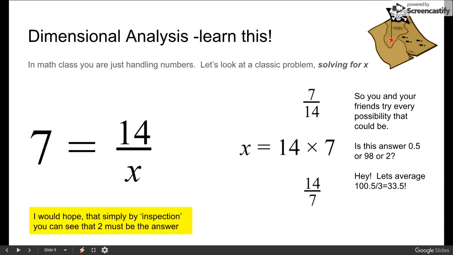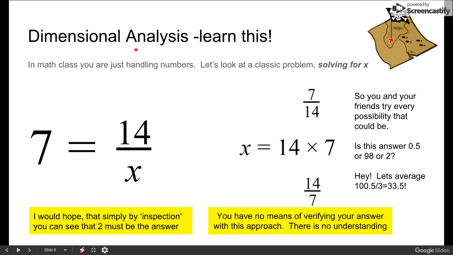Now, I'm hoping in this problem you could see by sheer inspection that, well, 14 divided by what equals 7. This one you can solve in your head, and you can conclude that the solution for x would be that it's 14 over 7. You switch the two. But I don't want you to just get a gut feeling.